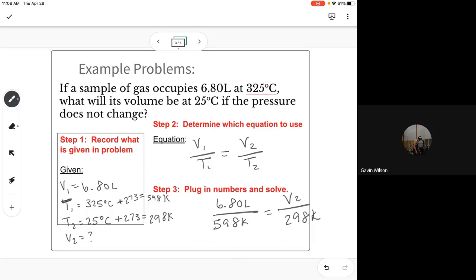Okay, so turn to your neighbor and say, this is what I got for my answer in sig figs. Ready to go. What'd you get? I got this.